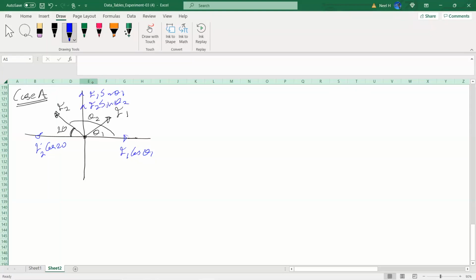Then if you look at this diagram, you will see two vector components, right? If I add everything along the y-axis, I will get one y component in the upward direction. If we add everything on the x-axis, you will get one x component, which can be either positive or negative depending on which one is larger.